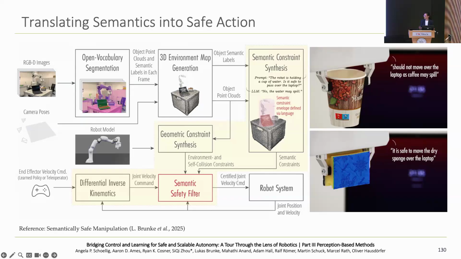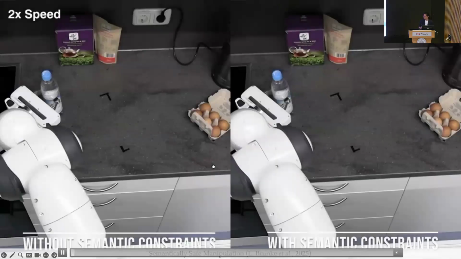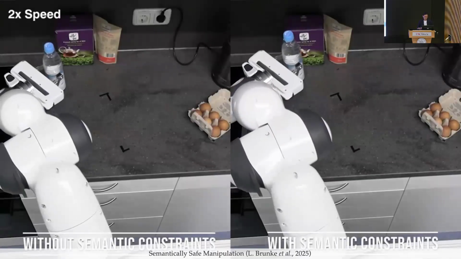It operates in a similar manner. If there is a teleoperator or a learned policy, this can compute any inputs, and these will be passed through the safety filter, which is responsible for enforcing the constraints that were distilled from the semantic inputs and the language-based reasoning. After certifying the inputs, they are sent to the robot system. Here are some examples that we have shown in the kitchen.